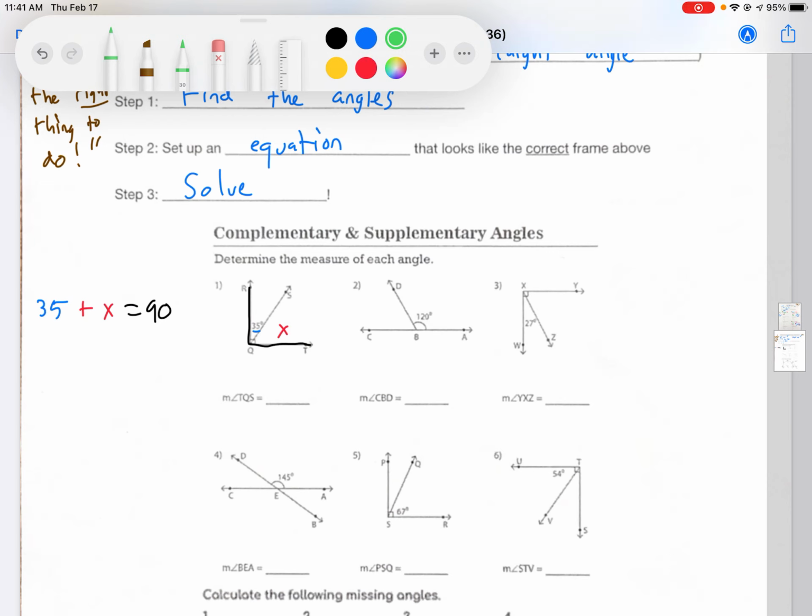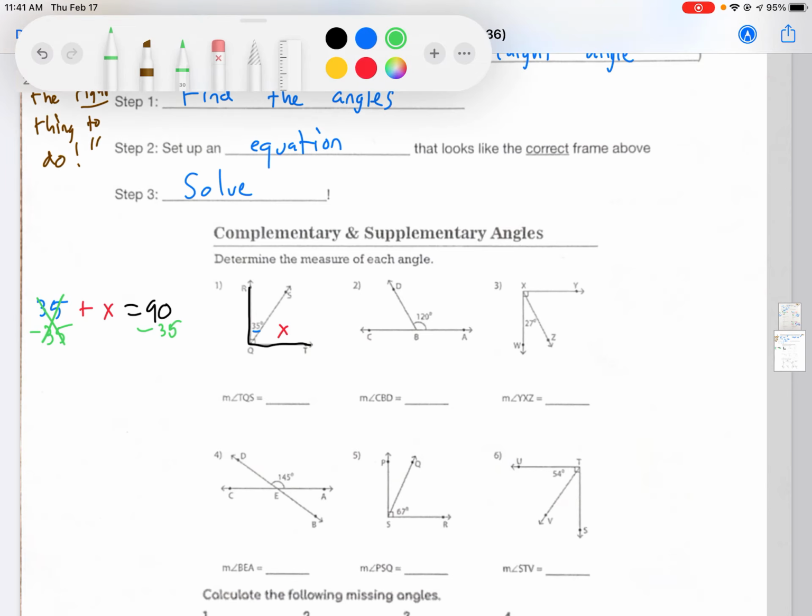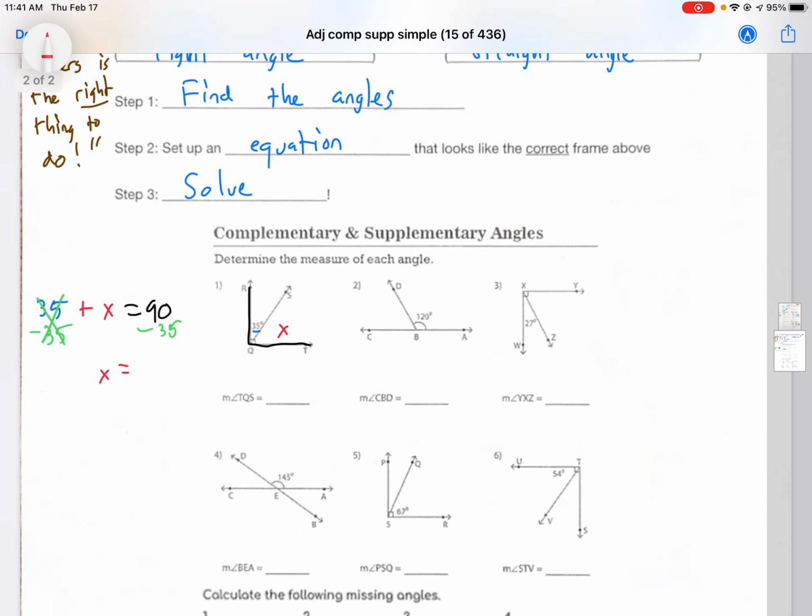And then I solve this just like an equation. Minus 35, minus 35, 35 minus 35 cancels, and 90 minus 35 gives us an answer of 65. So 65 degrees is the measurement of that angle.